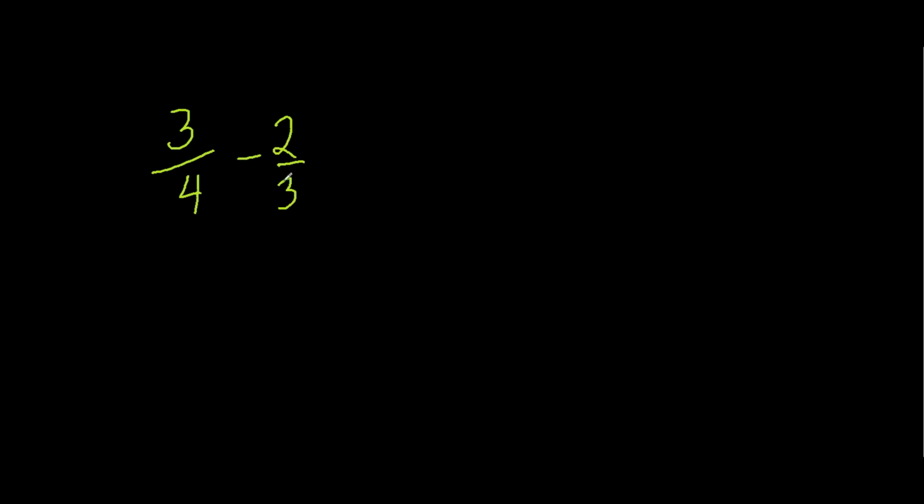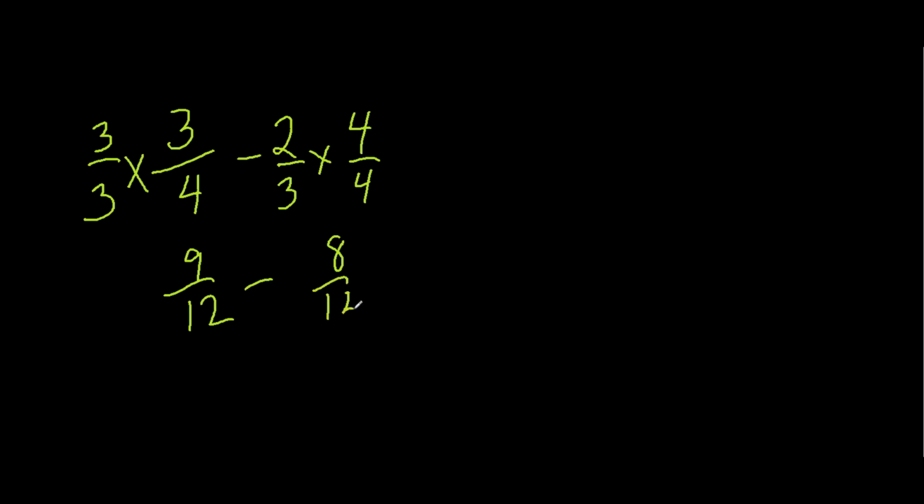This one's going to be a little bit different, isn't it? We're going to have to multiply this side by 3 over 3, this side by 4 over 4, becomes 9/12 minus 8/12 and is equal to 1/12.